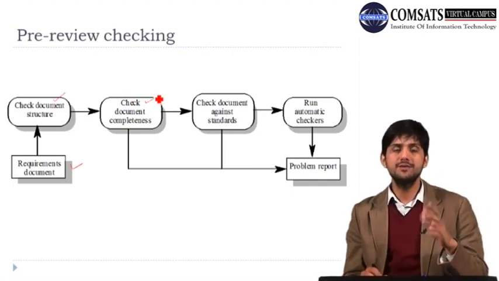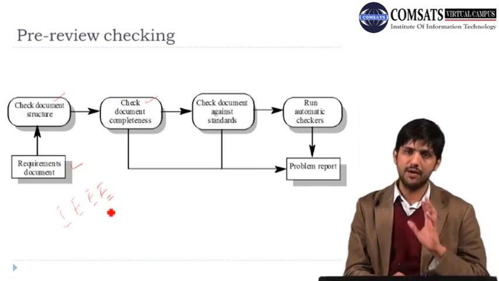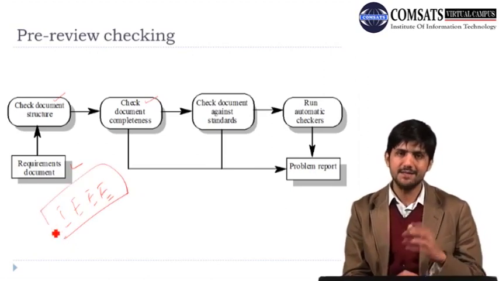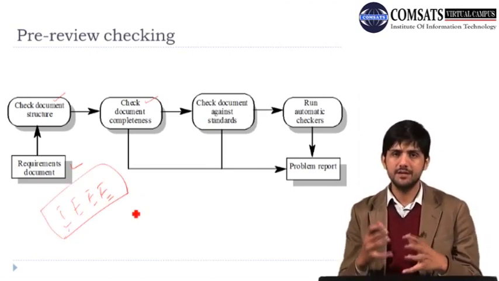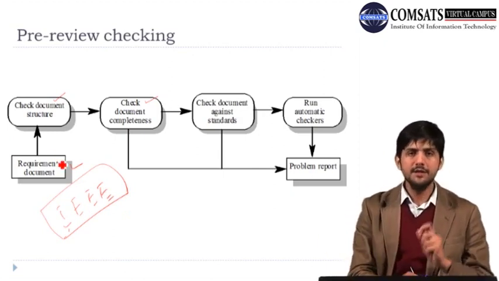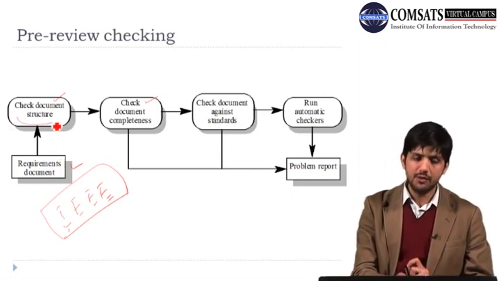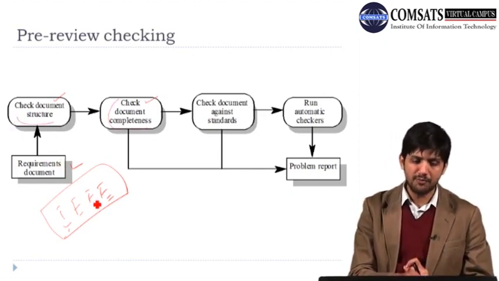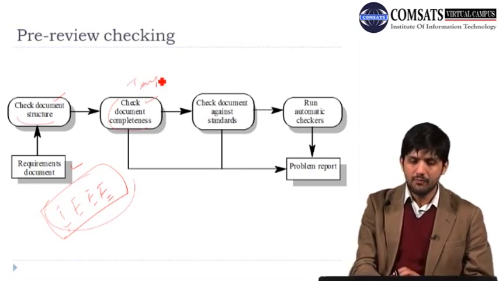For example, you were using a certain kind of template, such as the IEEE template that I showed you in one of our earlier lectures. There are different sections in that template, and let's say you have modified it according to your organization or your client's needs. The person responsible for the pre-review would check your document for structure. He would also check your document for completeness, whether you have missed some information in your template.